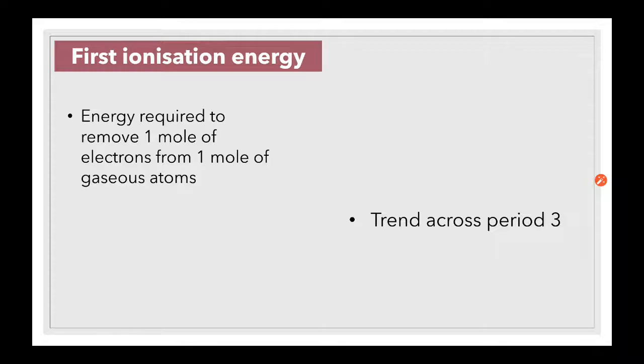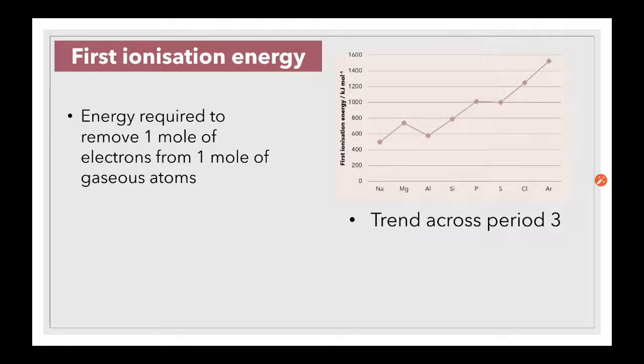Well, it's the energy required to remove 1 mole of electrons from 1 mole of gaseous state atoms. So we're just removing 1 electron from each of these atoms. And what we're going to look at is the trend across period 3. Okay, so I'll just put this up there. We'll describe this in more detail in a minute.